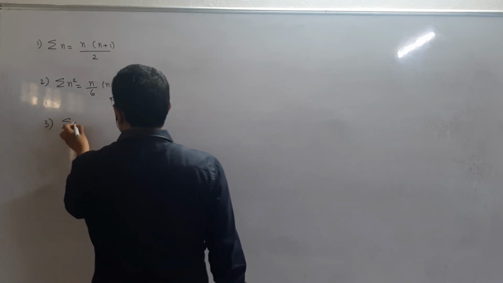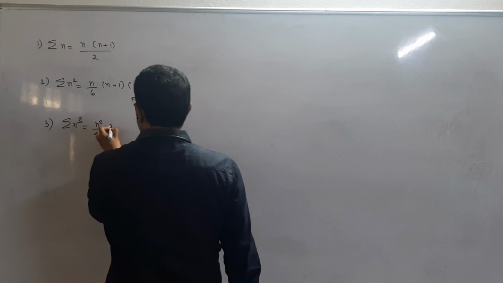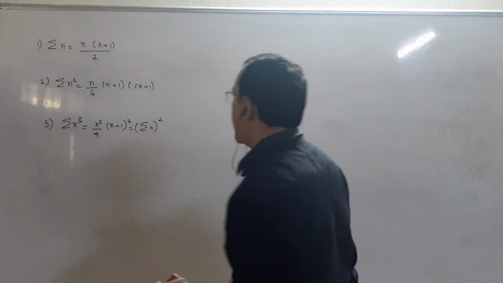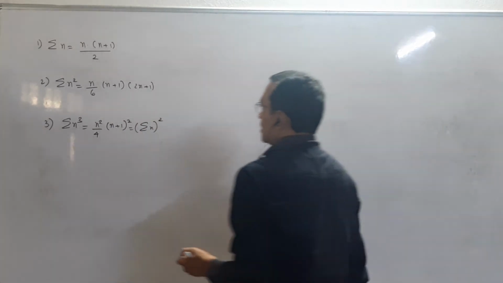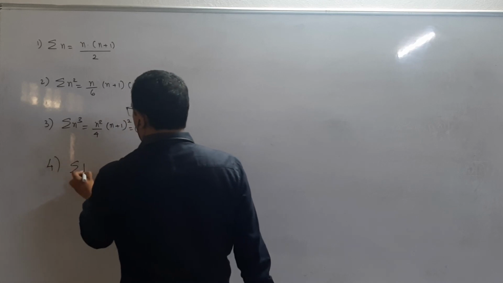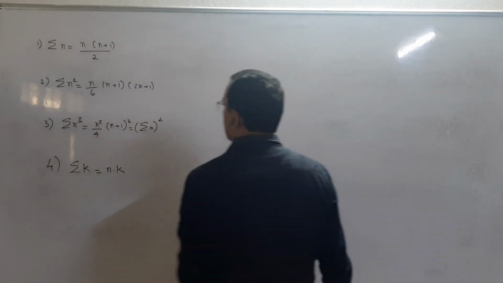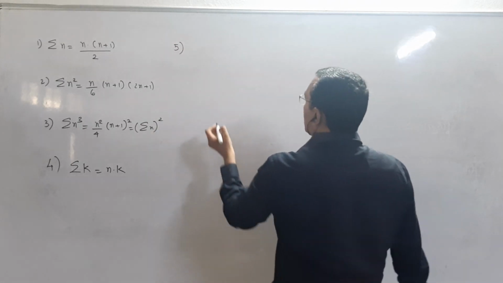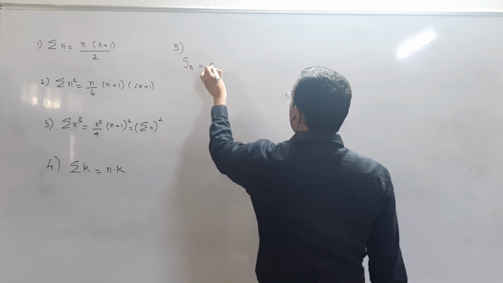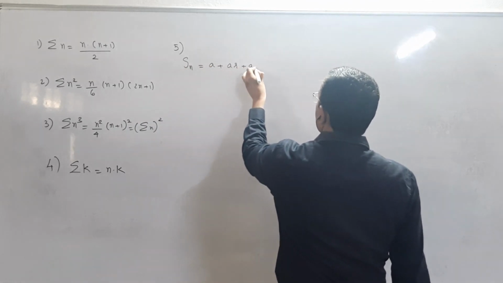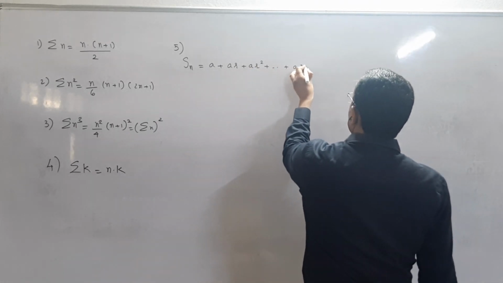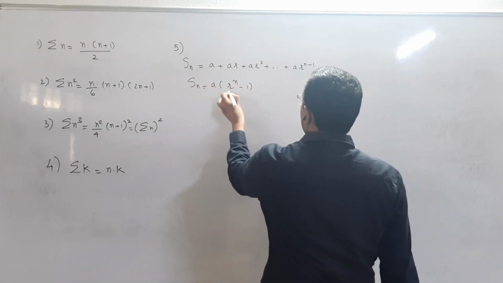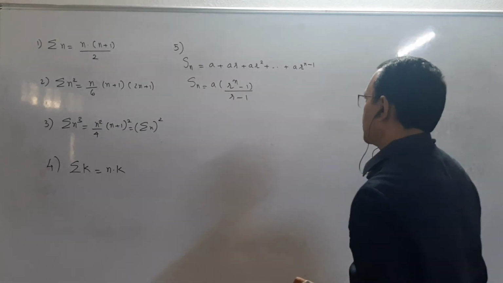Third, this is not used, but let us write: n square by 4, n plus 1 the whole square, and it is equivalent to sigma n the whole square. Fourth formula, summation of a constant is n times the constant. Fifth formula, sum of n terms of the GP. So GP is a plus ar plus ar square up to ar raised to n minus 1. Then Sn is equal to a into r raised to n minus 1 upon r minus 1.